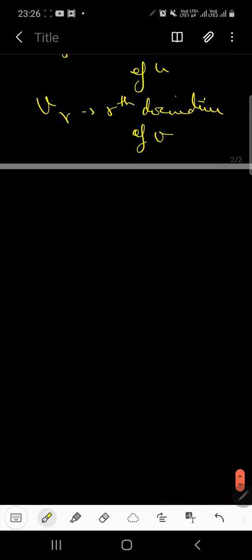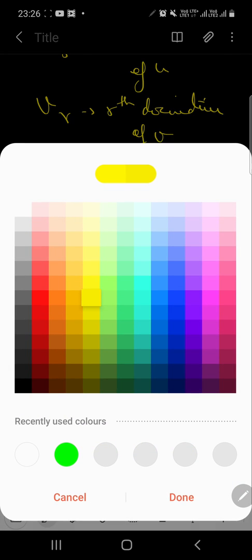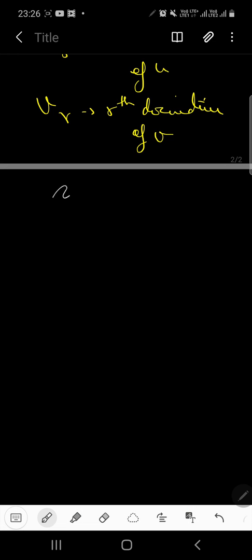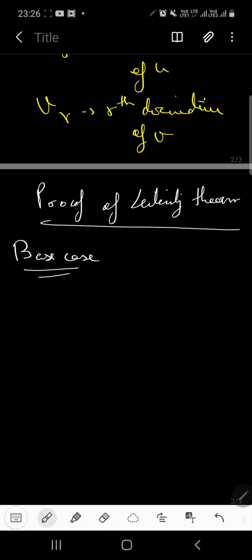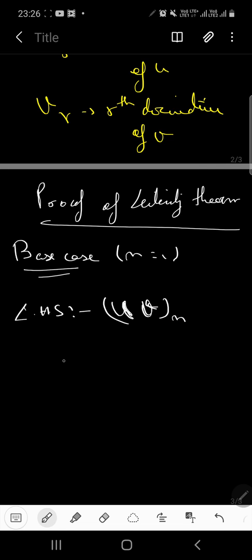Now what is the proof of this particular theorem? Let's see. So proof of Leibniz theorem. Okay, so base case, that is for n equal to 1, LHS is u times v, one time derivative.